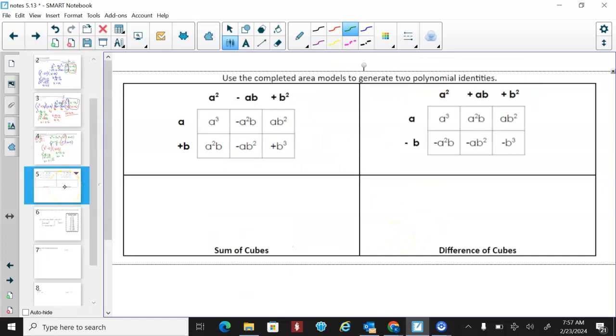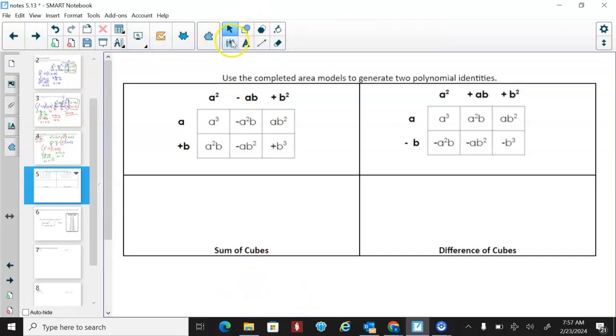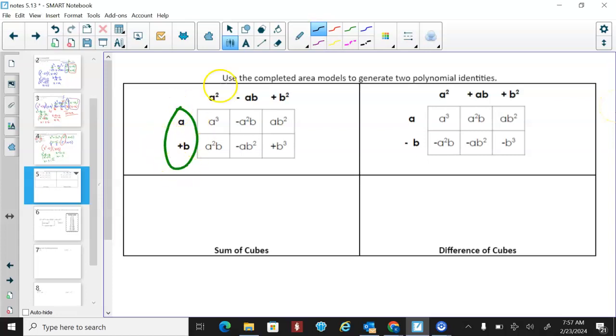All right, so here is just an area model, and we're just going to complete it. When you're multiplying, they multiplied a plus b and a squared minus ab plus b squared. It's already multiplied for you, but when you're combining like terms, I'm going to have a cubed right here, which is the first one.